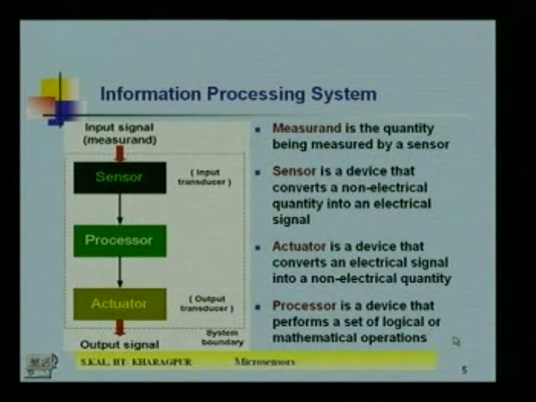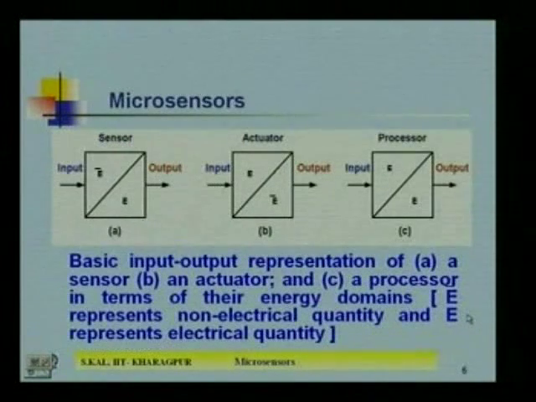Now, these blocks, sensor, processor and actuator, together form an information processing system, or sometimes it is also known as a microsystem. If you look into the building block of a microsensor, you see input and output, two parts.